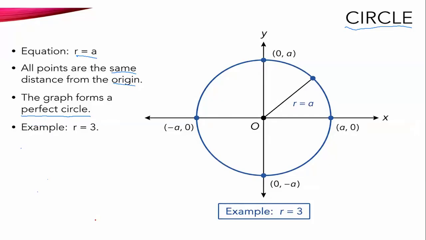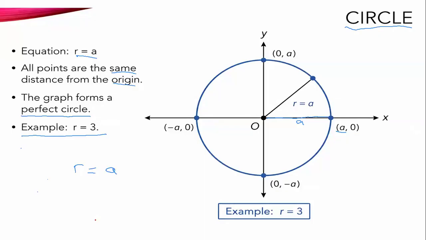For example, r is equal to 3. So our r value is 3, and remember, r is equal to a. Since r is equal to 3, we know that a is also equal to 3. So the distance here, which is a, is 3. So from this distance, we know that point a will be (3, 0).